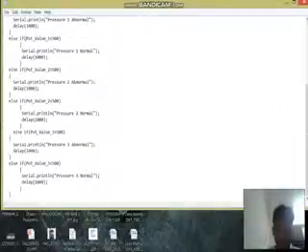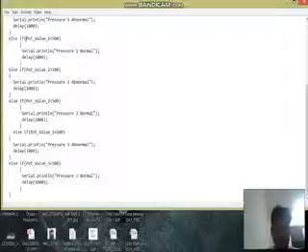In the same way, we will be doing that for pressure sensor 2, where if the port value 2 is greater than 500, then the pressure sensor 2 value will be abnormal. If not, then the pressure sensor value will be normal. And in the same way it goes with pressure sensor 3 also.